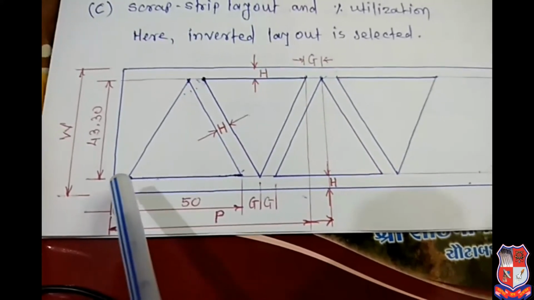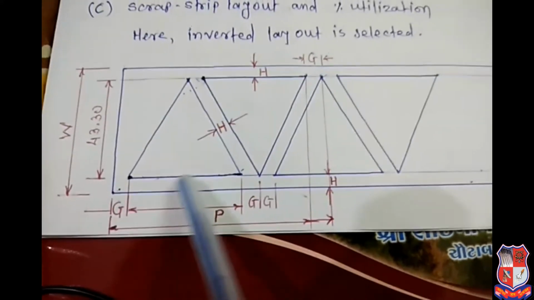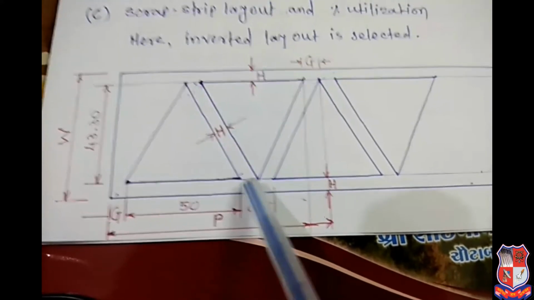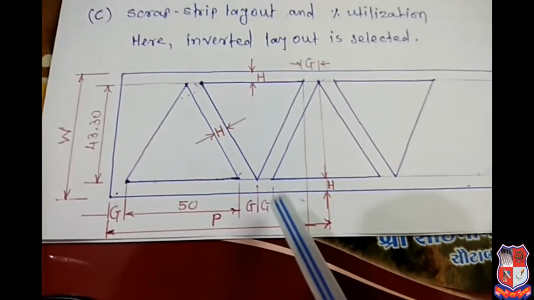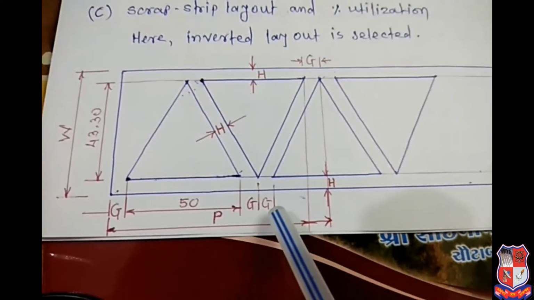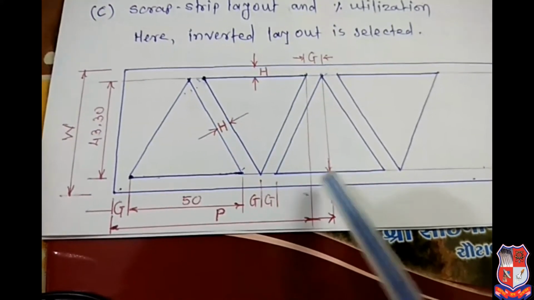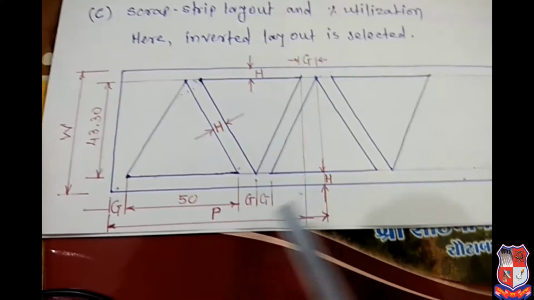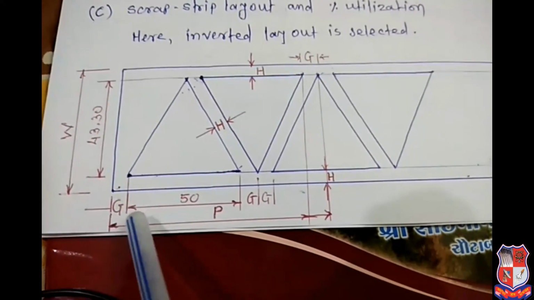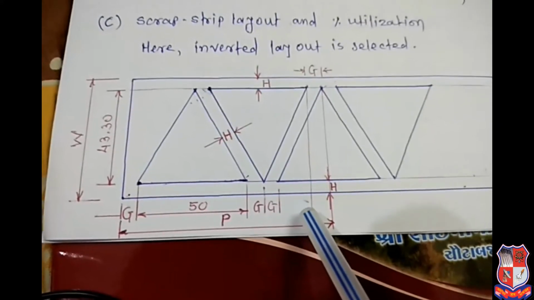You can see the first margin is G, then the size of this triangle is 50, then again this horizontal margin is G, again this margin is G, right? And from this G to half of this is 25, half of the 50. So P is G plus 50 plus G plus 50, G plus 25.